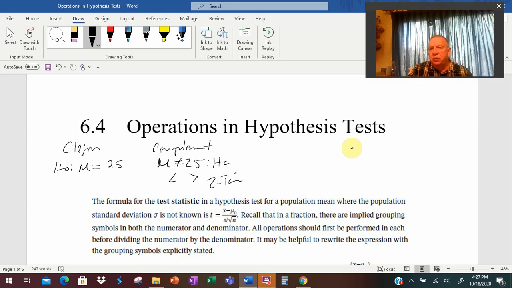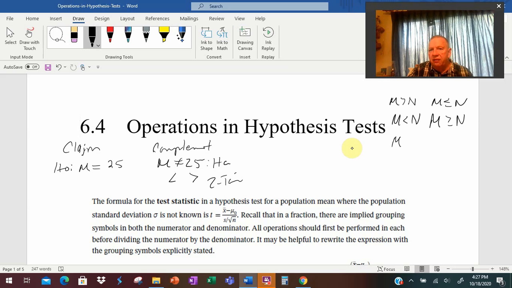If it was something about the mean, and the proportion would be the very same, say the mean is greater than some number, the complement pair would be mu less than or equal to that number. If mu is less than a number, like mu less than 15 or mu less than 25, the complement would be mu greater than or equal to that number.